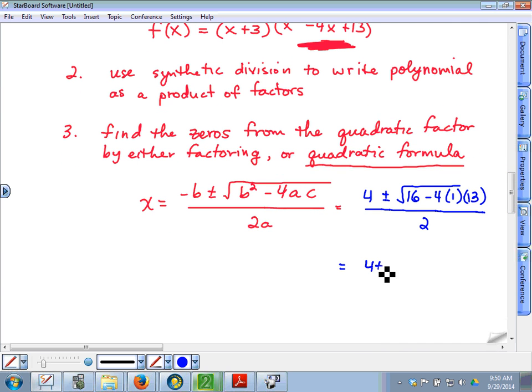So that's 4 plus or minus, oh boy, 16 minus 4 times 1 times 13. What is 16 minus 52, I think is what that is. 16 minus 52? Negative 36. Well, that's not so bad. Negative 36 all over 2.